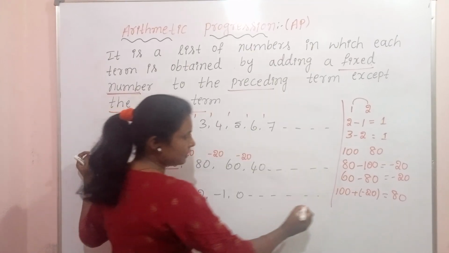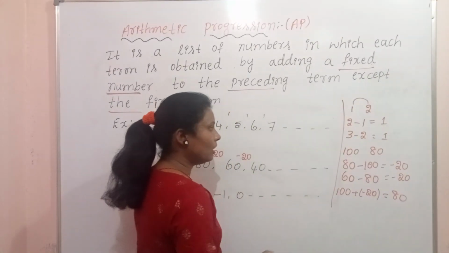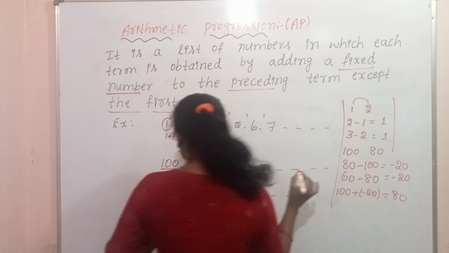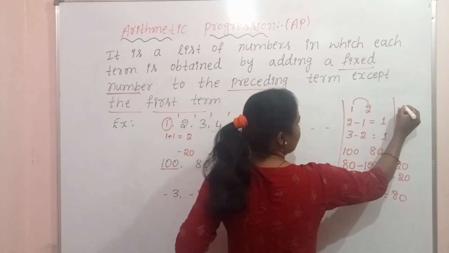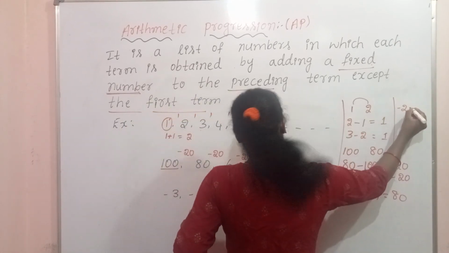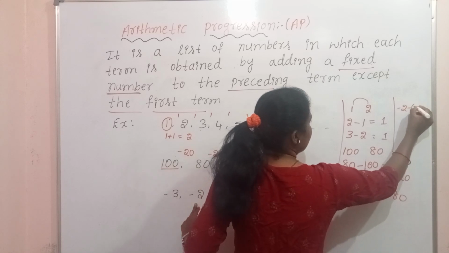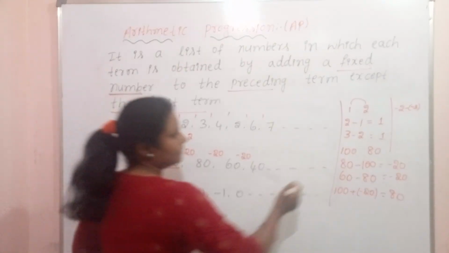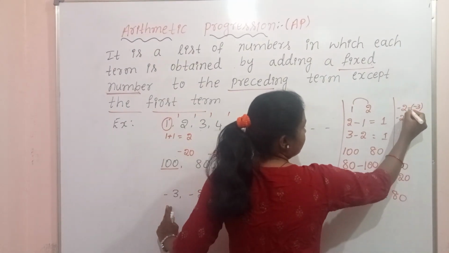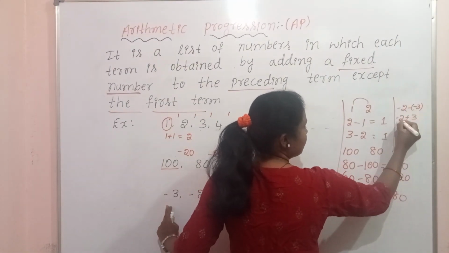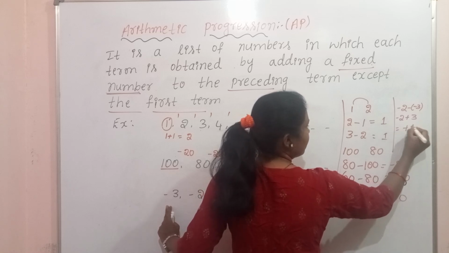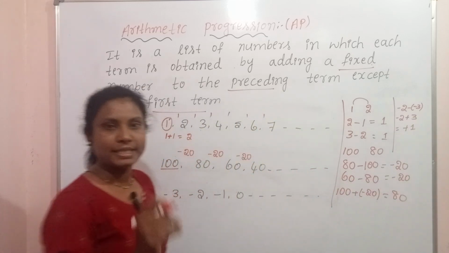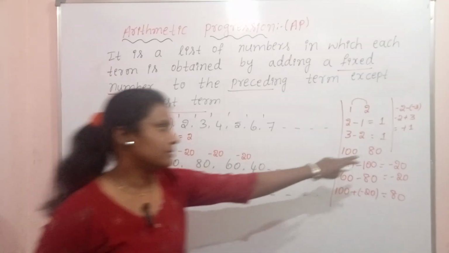How is it? The same thing we have to follow. Here the second term is minus 2. We need to subtract minus 3, the first term. Minus 2 minus minus 3: minus into minus is plus. You will get plus 1, because the bigger number is 3, that has a plus sign, so plus 1.